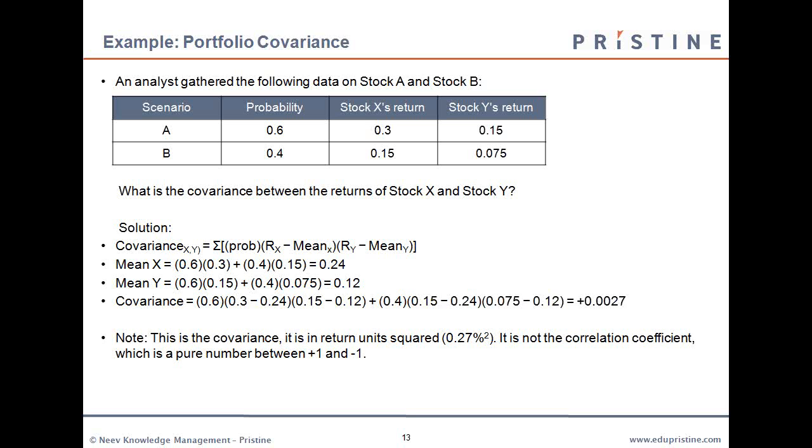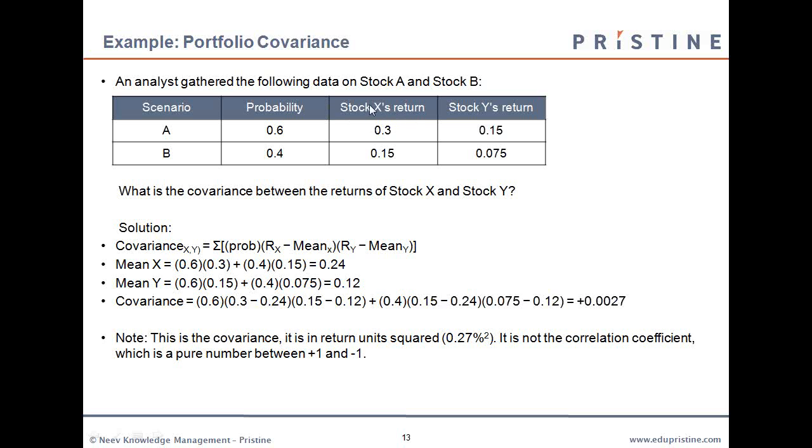So in this case, we have been given two stocks, stock X and stock Y, and there are two scenarios, that is A and B. The probability of scenario A happening is 0.6, and the probability of scenario B happening is 0.4.